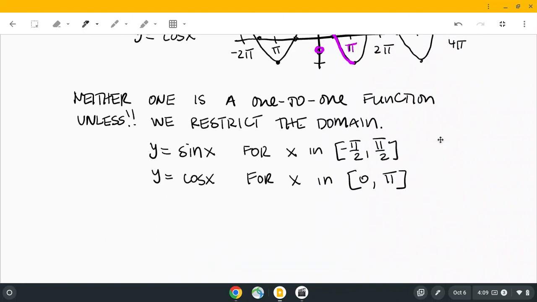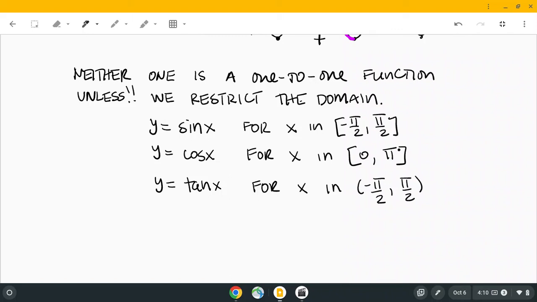And then when we look at tangent, tangent gets restricted as well, for x's, and we're not going to include the endpoints because if you remember, the endpoints have asymptotes. So it will be from negative pi over 2 to pi over 2, and we do not include the negative pi over 2 and pi over 2.